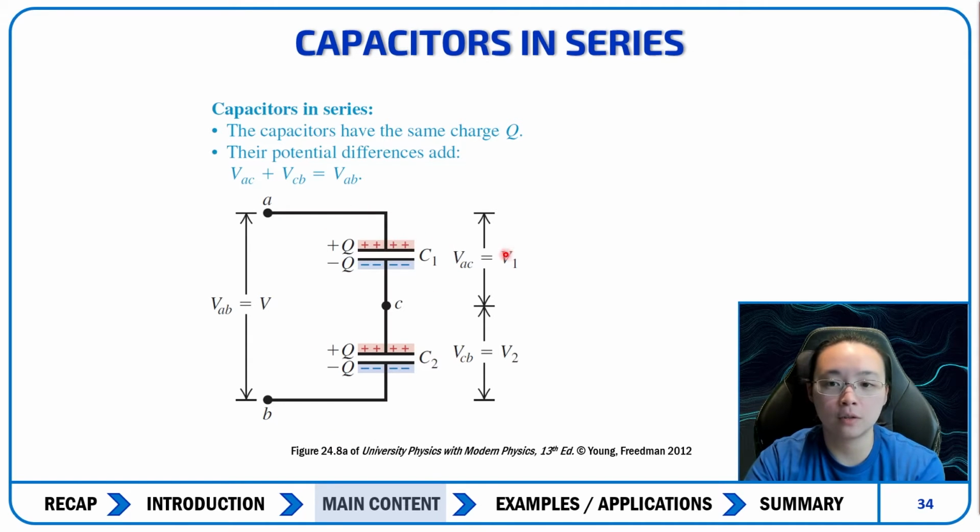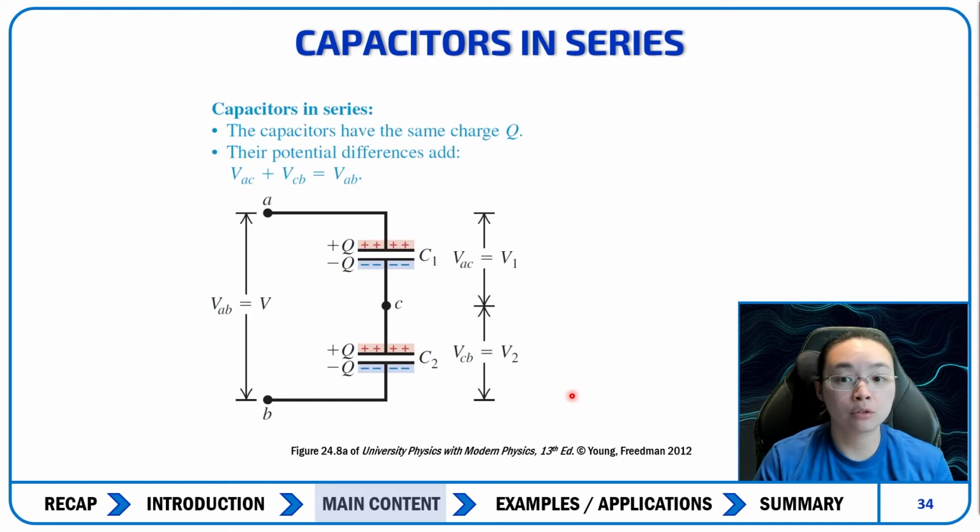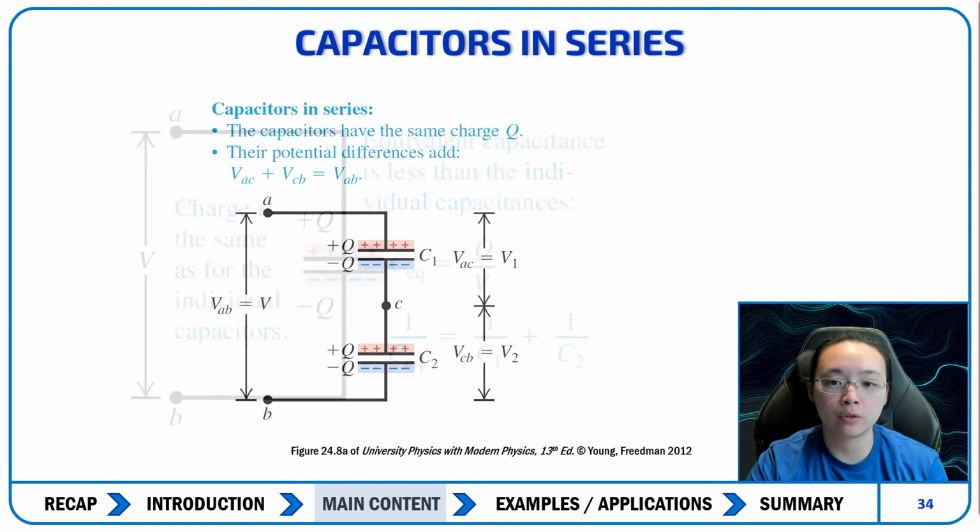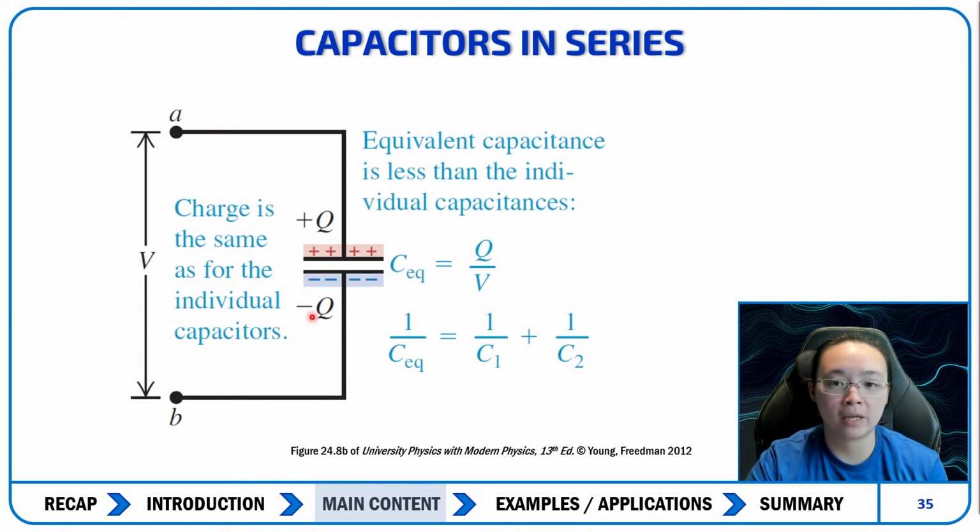But because they are different capacitors, the potential can be different. So based on this, after we've applied our equation for equivalent capacitance in series, we can redraw the circuit diagram and turn it into one capacitor with CEQ equal to Q over V, or 1 over CEQ equals the equation for equivalent capacitance in series.